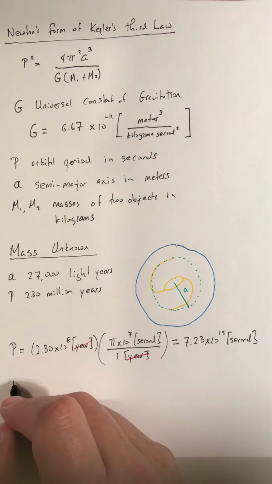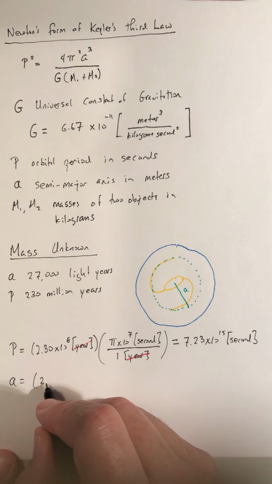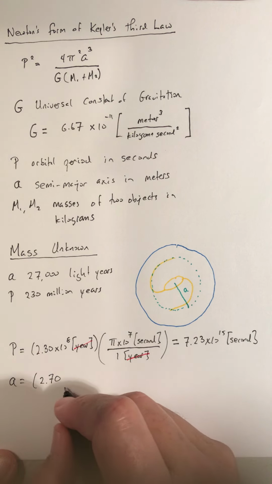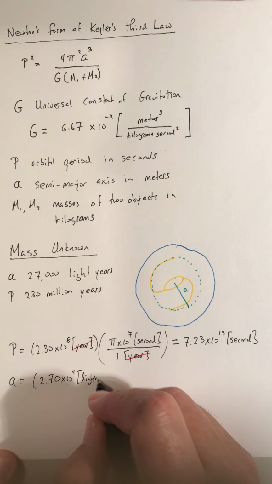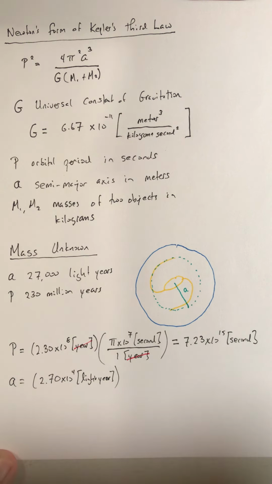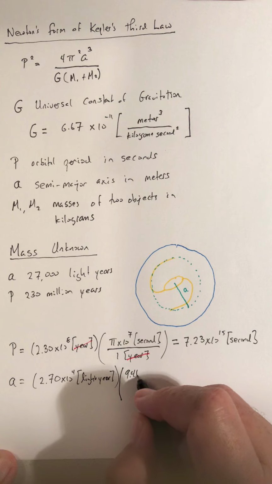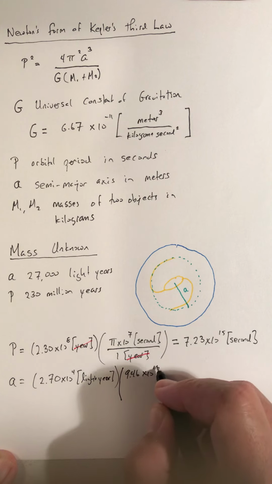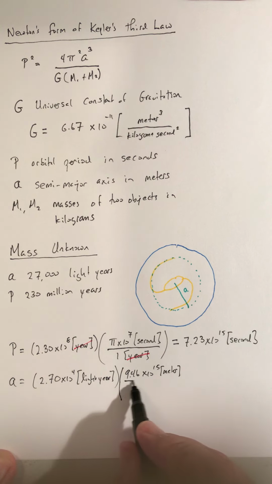And semi-major axis, 2.70 times 10 to the 4th light years, and 1 light year is 9.46 times 10 to the 15th meters.